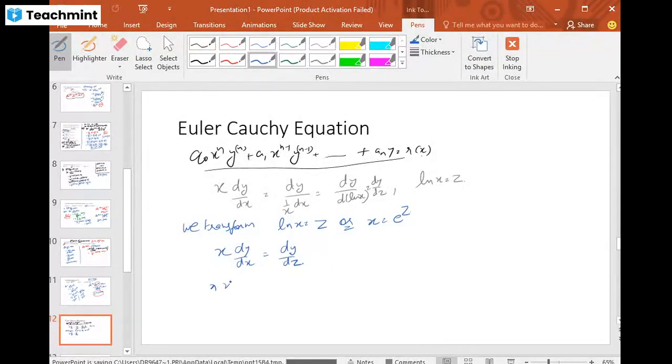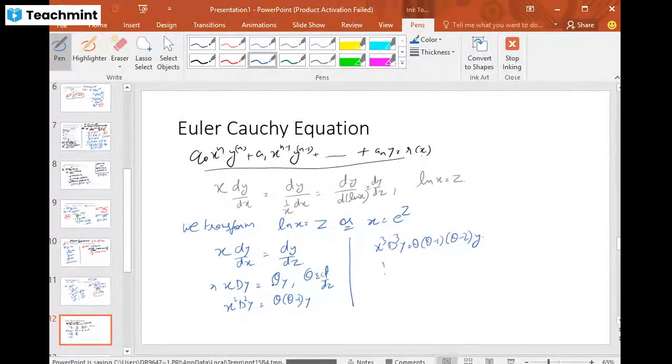That means x dy/dx is theta y, where theta is d/dz. And what about the second order derivative? x squared d squared y will be theta into theta minus 1 into y. And for the third order derivative, x cubed d cubed y becomes theta, theta minus 1, theta minus 2 into y, and so on.